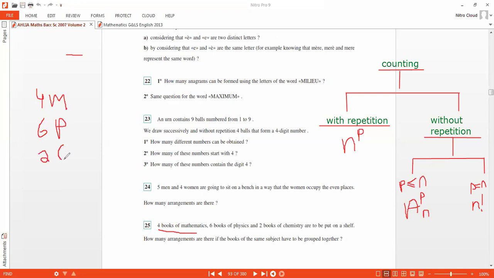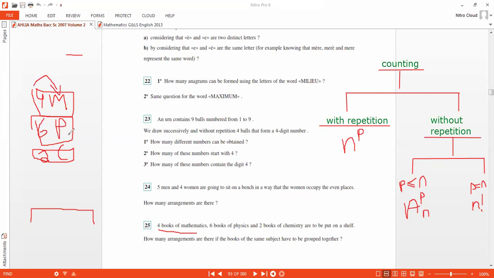They need to be put on a shelf. So I want to put them on a shelf in a way that the same subject books have to be beside each other. So here you have to pay attention that I have 2 counting. The first one is about the subjects, and the second one is about the books of the same subject.